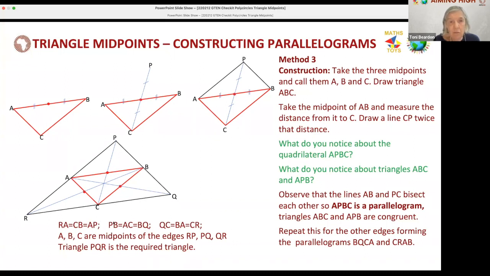Can you see some more parallelograms there in the diagram? At the top, we've got APBC as a parallelogram. But can you see two other parallelograms here? See if anyone's posting just the four letters, just to show us which ones are the parallelograms.